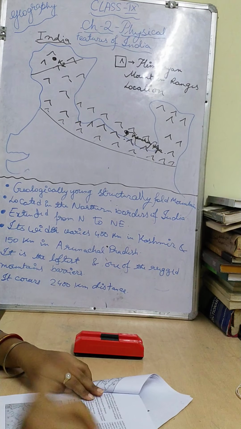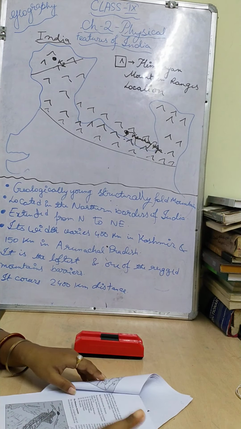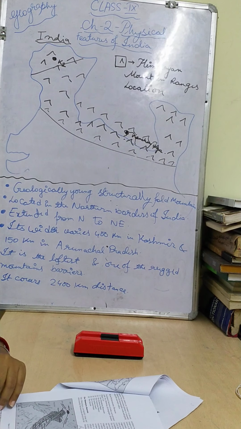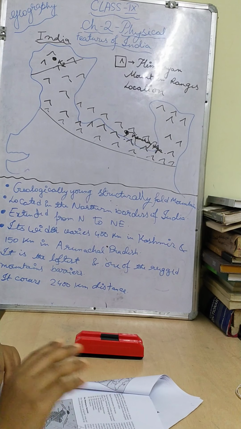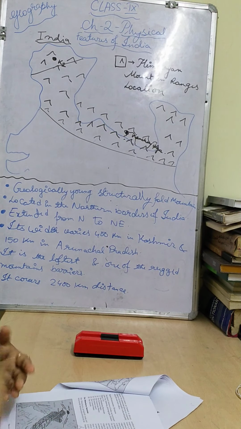What are they? First one will be Himadri or Greater Himalaya. Second one will be Lesser Himalaya or Himachal. Third one will be Outer Himalaya or Shivalik. So if a question comes asking what are the longitudinal divisions of Himalaya, you should write down these 3 and discuss them.